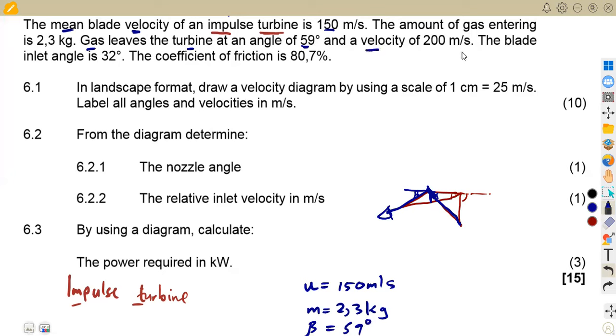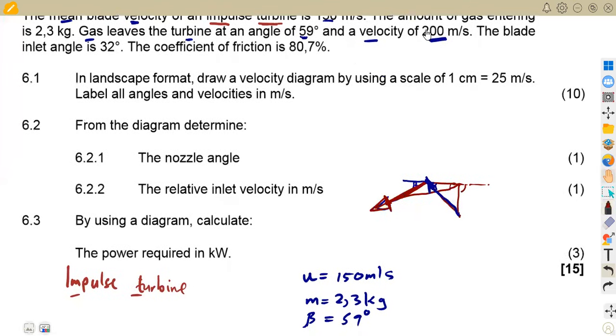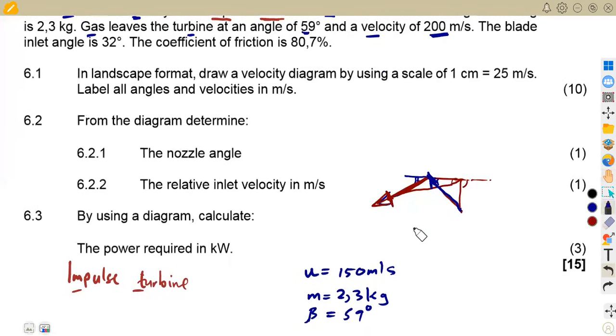All right, and the velocity of 200, meaning to say when it is leaving the turbine, it is leaving at this velocity, that is the exit velocity. So given at the velocity of 200 meters per second. This is the velocity at the what? At the exit that we are going to have when the gas is going out.